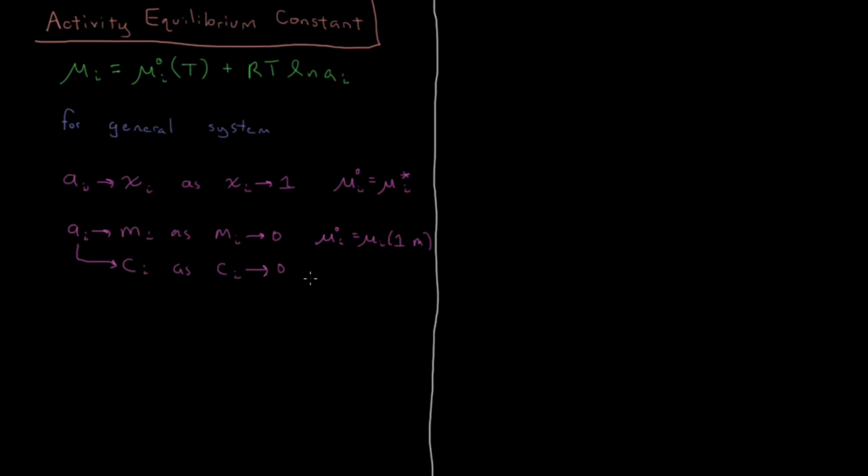And in terms of molarity, our standard chemical potential is defined as the chemical potential at 1 molar, at 1 mole of solute per liter of solution. Again, it is important to define the proper standard state for every system because chemical potential and Gibbs energy have no meaning unless it's well defined what the 0 condition is, so what the standard state where you have 0 chemical potential is.